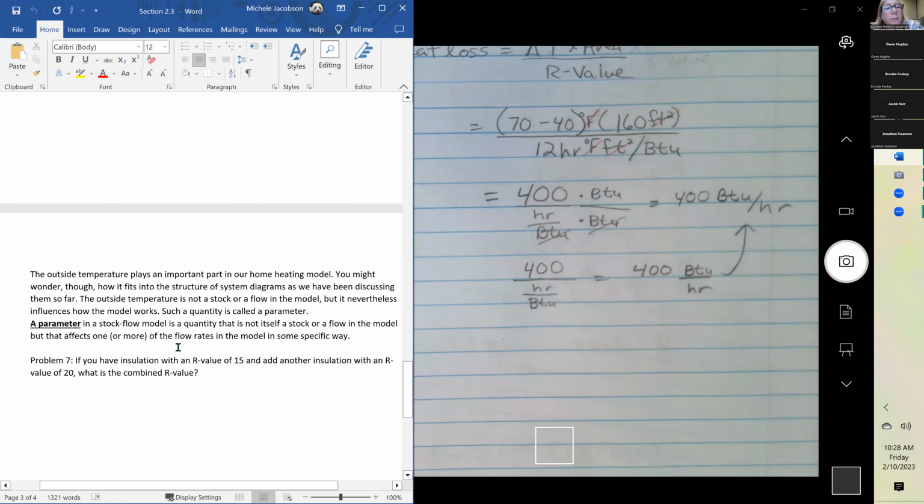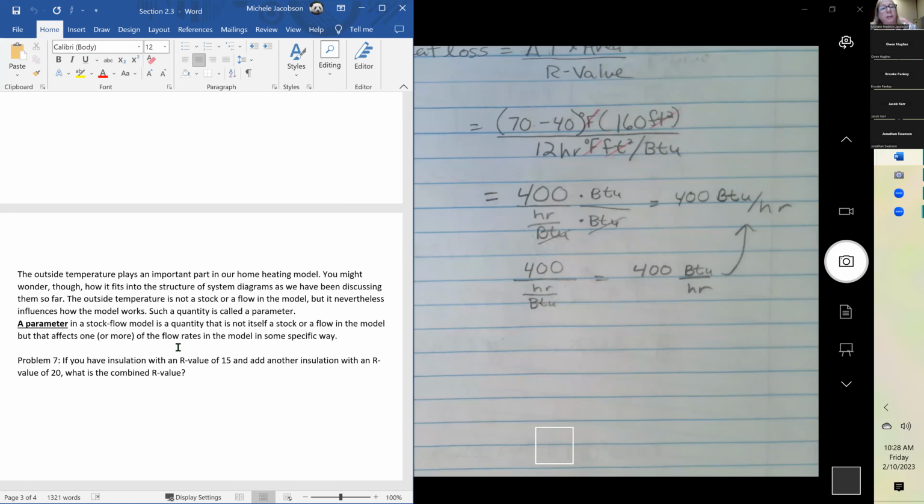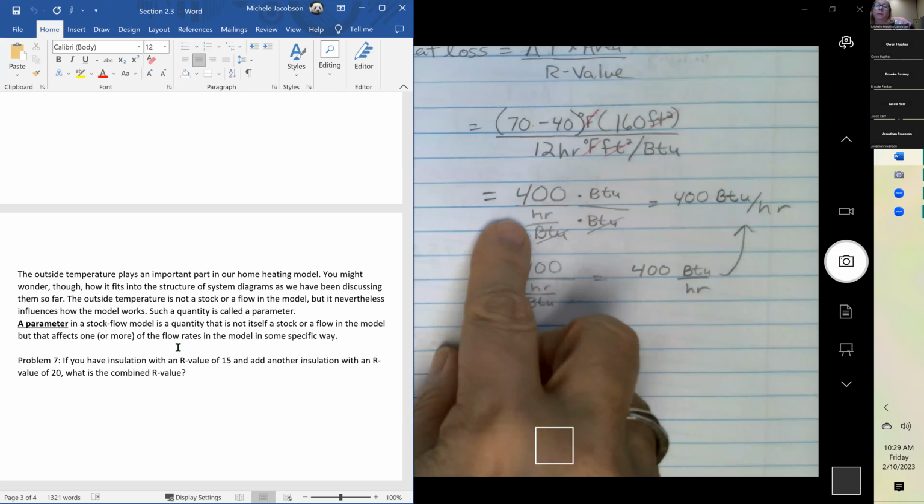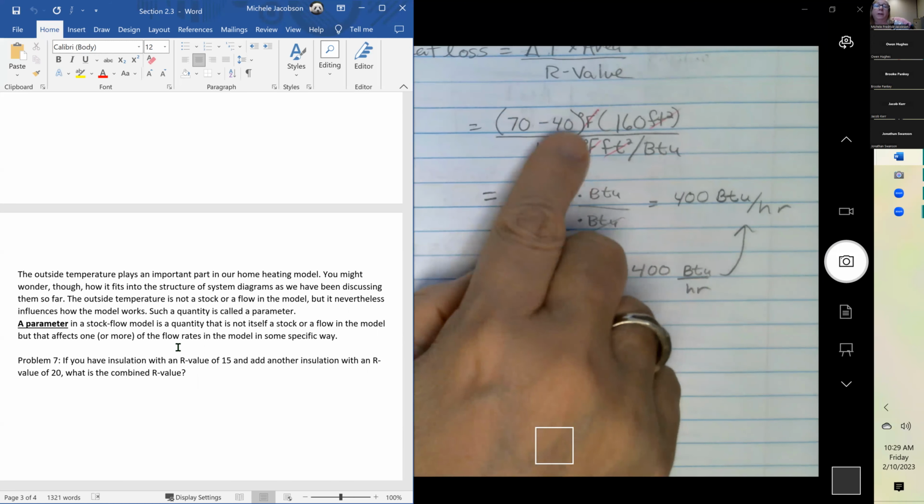The outside temperature plays an important part in our home heating model. You might wonder, though, how it fits into the structure of system diagrams, as we have been discussing them so far. The outside temperature is not a stock or a flow in the model, but it's nevertheless an influence on how the model works, because notice if this got colder, then this value would be, instead of 30, a lot higher.